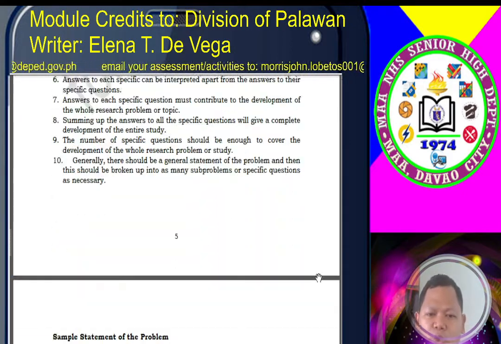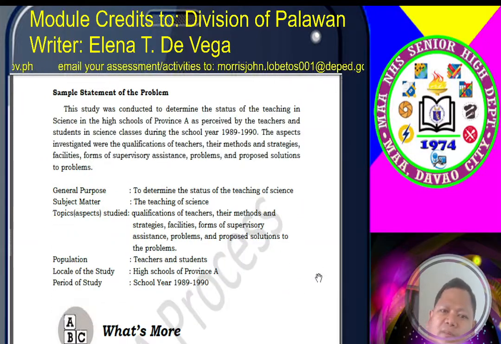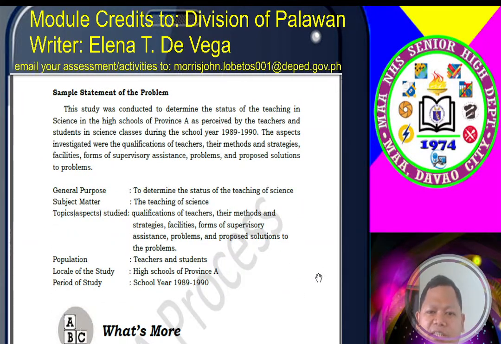Okay, this is a sample of a statement of the problem. This study was conducted to determine the status of the teaching in the science high schools of Province A as perceived by the teachers and students in science classes during the school year 1989-1990. The aspects investigated were the qualifications of teachers, their methods and strategies, facilities, forms of supervisory assistance, problems, and proposed solutions to problems.